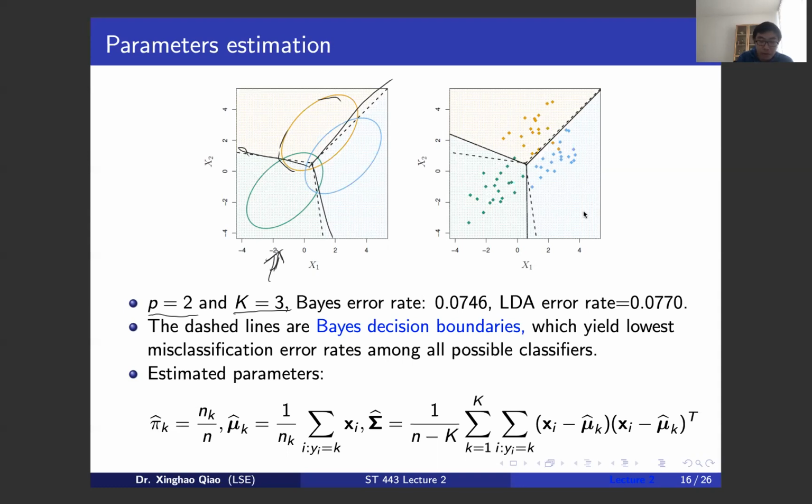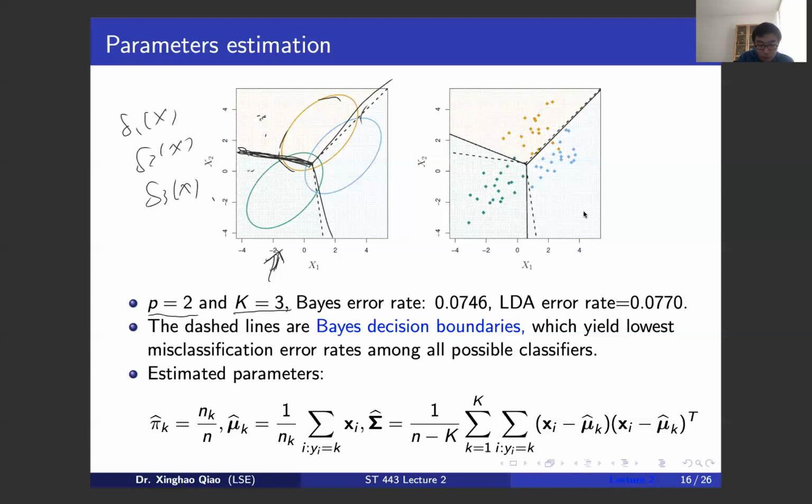So you can easily calculate the density function. For example, you can also calculate delta 1 of x, delta 2 of x, and delta 3 of x. Okay, and so you can see that on the boundary part, the delta function for the yellow and the blue should be the same. And in this part, the delta function for the orange will be larger than the delta function for the blue.